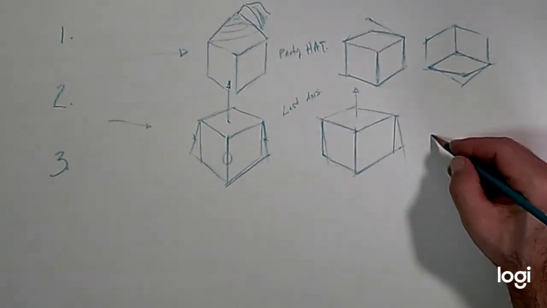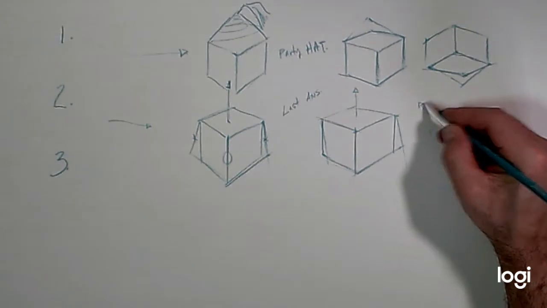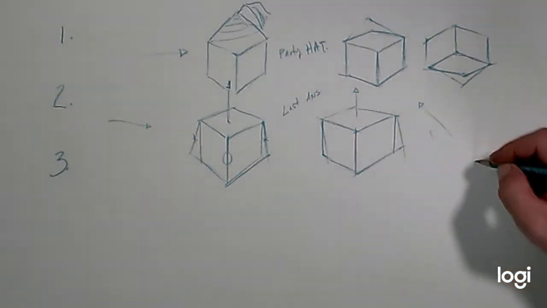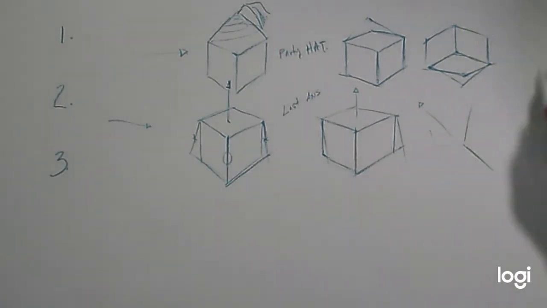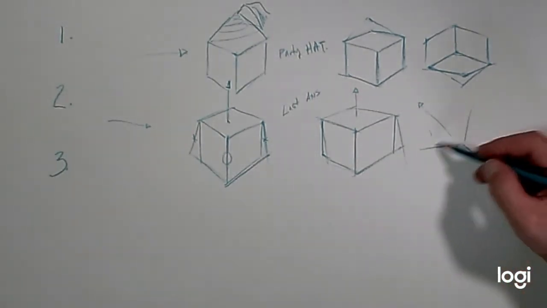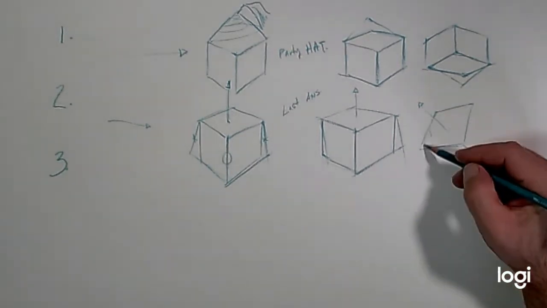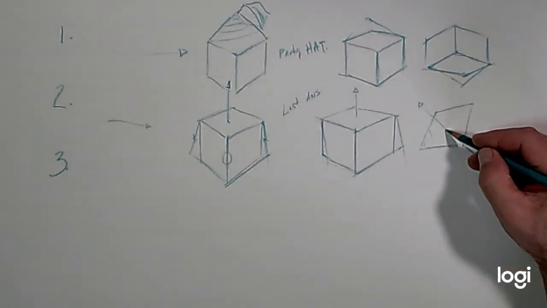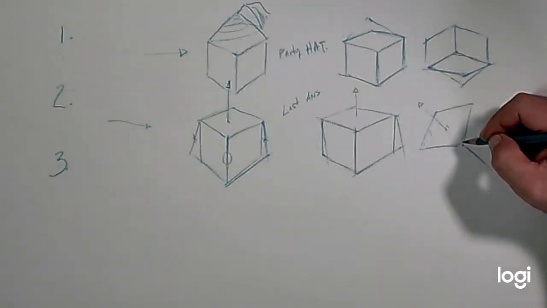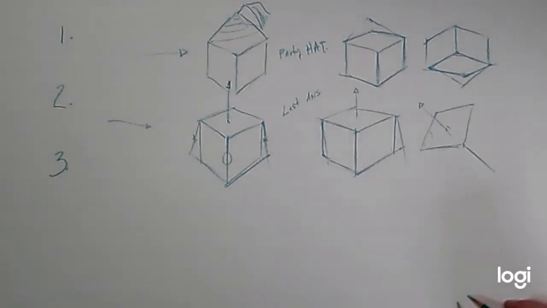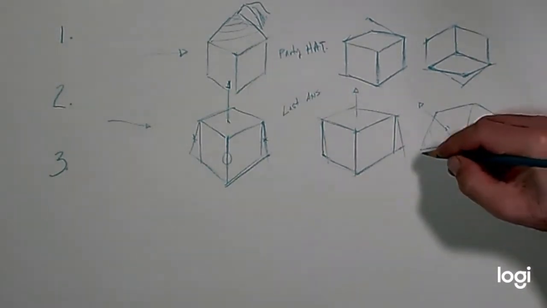Now let's do one that's not vertical. Here's going to be my axes this time. I'll start out with the axes, okay? I'll mess this one up, and I'll mess this one up.